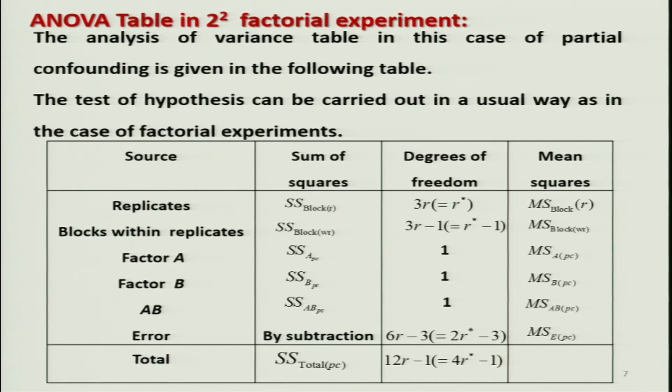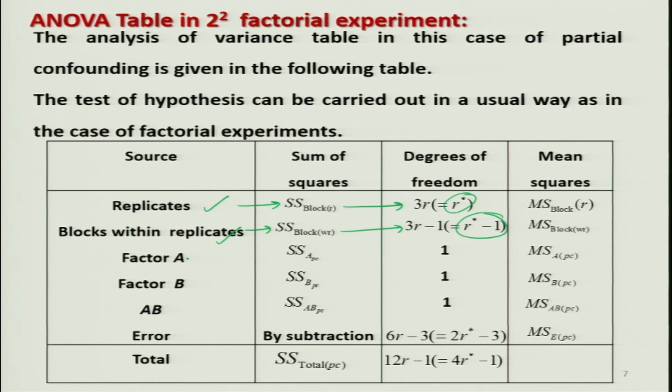In the case of partial confounding, the sources are replicates and blocks within replicates, in which the sum of squares due to blocks is now partitioned into two components, SS block due to replicates and SS blocks within replicates, and they carry degrees of freedom 3r and 3r minus 1. If you compare it with the earlier one, this is something like r star and r star minus 1, where r star was equal to 3r. If you remember, we had compared the terms under partial confounding with the usual expressions, right.